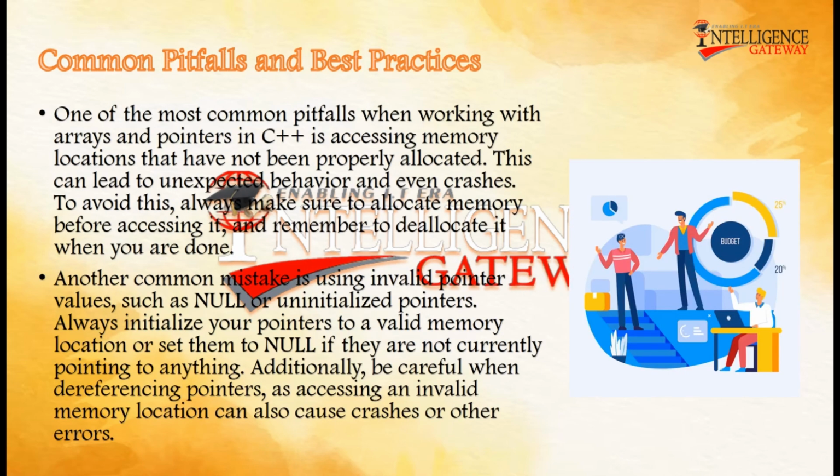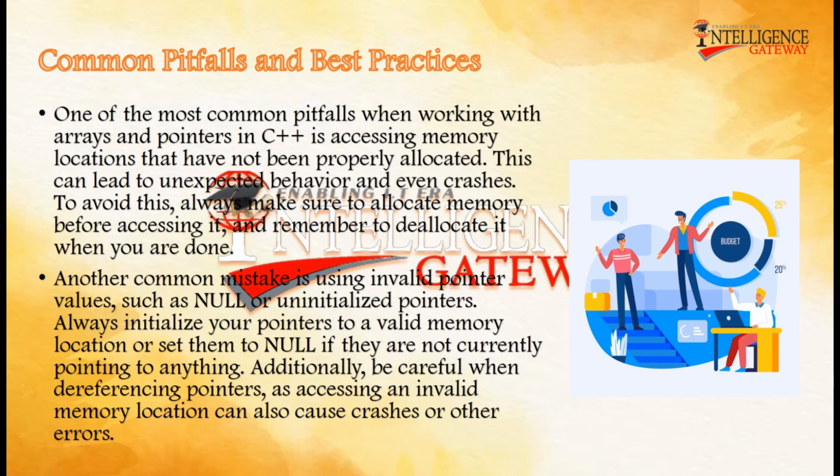Common pitfalls and best practices. One of the most common pitfalls when working with arrays and pointers in C++ is accessing memory locations that have not been properly allocated. This can lead to unexpected behavior and even crashes. To avoid this, always make sure to allocate memory before accessing it and remember to deallocate it when you are done.